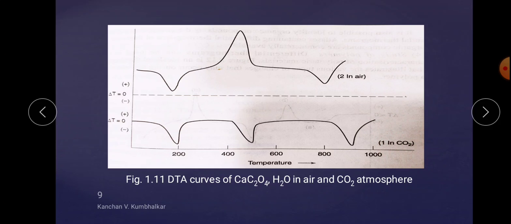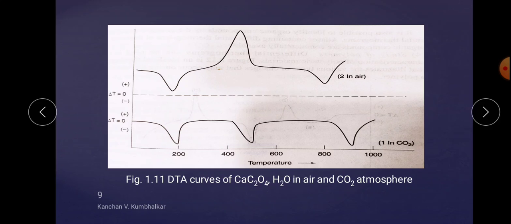Now first of all, consider the first peak. In this first curve, three endotherms have been observed. Endotherm means the delta T is negative. The peaks are observed below the zero line. Means when delta T versus T is observed, there are three continuous endotherms when taking calcium oxalate monohydrate in CO2.